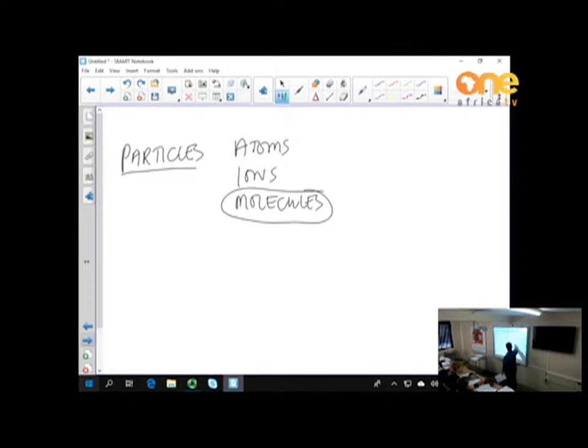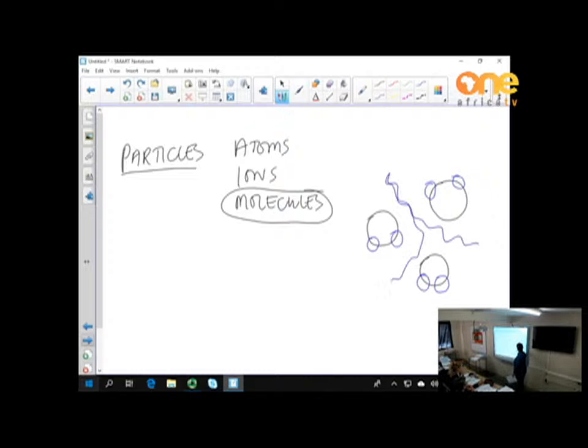If I have water, oxygen and hydrogen, and I have another water molecule with the hydrogens on it, and another water molecule with the corresponding hydrogens on them, what forces are there between these particles?